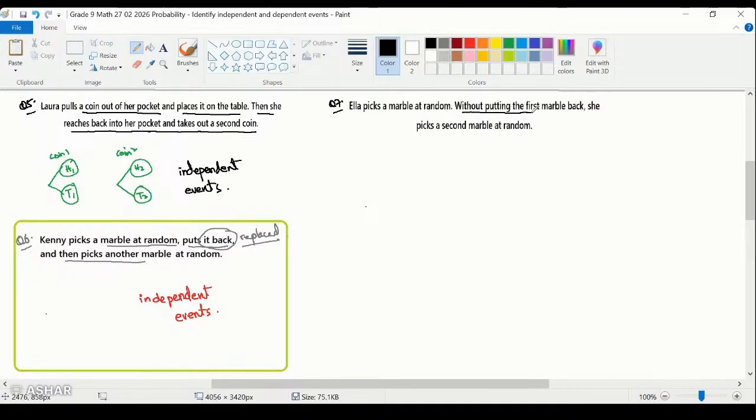Without putting the first marble. Without means without replacement. If she is not replacing it, that means the denominator will change. Agreed? So that means they are dependent events.